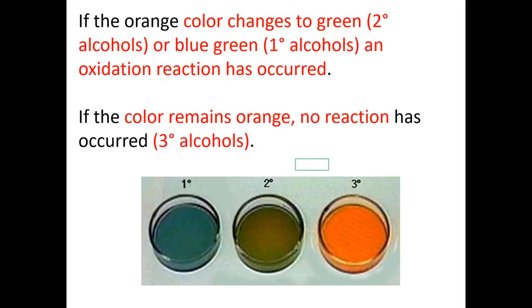If the orange color changes to blue-green, it is primary or secondary alcohol, and an oxidation reaction has occurred. If the color remains orange, no reaction has occurred. So this chemical is categorized as tertiary alcohol, because tertiary alcohol is non-reactive towards oxidation reaction.